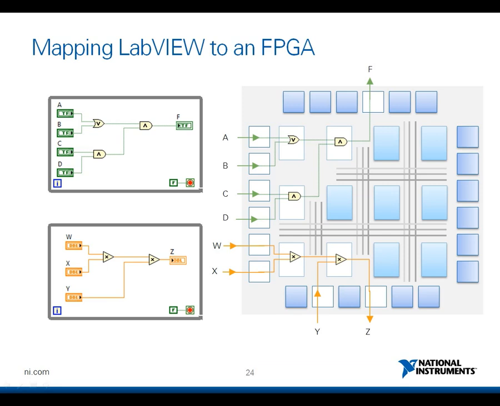As we add more loops or tasks to this system, the performance of the tasks that are already implemented will not be affected. Just bear in mind that this particular example, which shows the mapping on the FPGA and the graphical aspect, is just a pictorial overview to show you the concept of parallelism. So it's not exactly how it will be mapped on the FPGA. That will really depend on the compile process, which we will talk about later on.